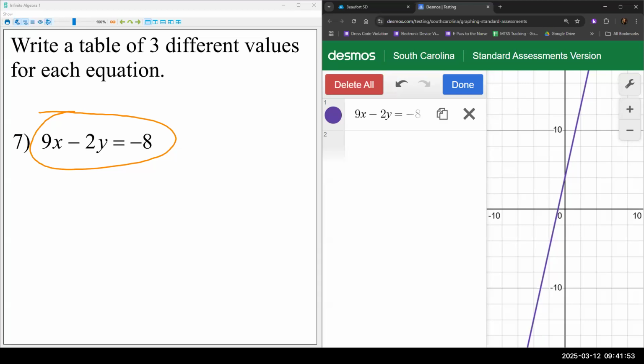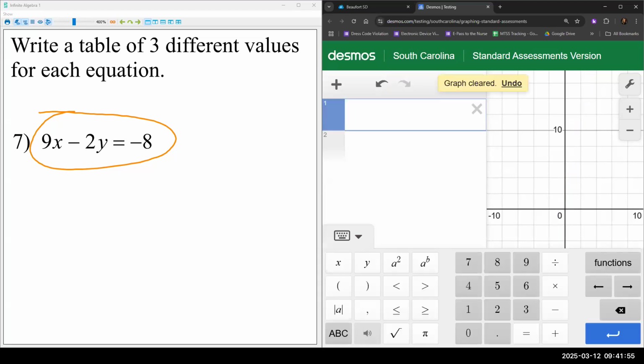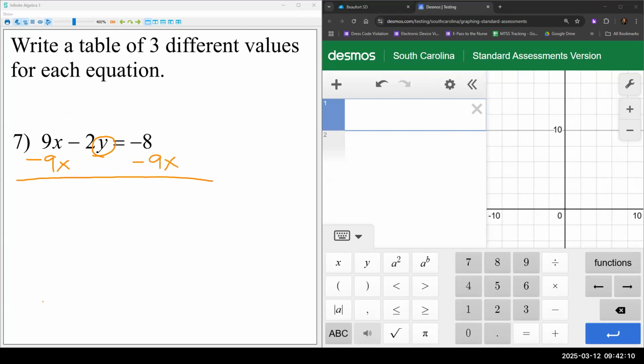The table option will only pop up if I have y by itself, okay? So for this one, get rid of all that, I need to first get y by itself. Well, to get y by itself, I need to move everything away from y. I'm going to start by subtracting 9x from both sides. Those will cancel out. So that gives me -2y equals -8 minus 9x.